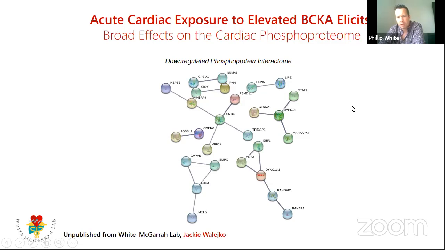And when we look at the downregulated phosphoproteome, we actually see quite strong interactomes appearing, and a number of different nodes that seem to be regulated, suggesting that the biology that branched-chain keto acids are hitting may go beyond simple p38 MAP kinase, ERK signaling and mTOR signaling.